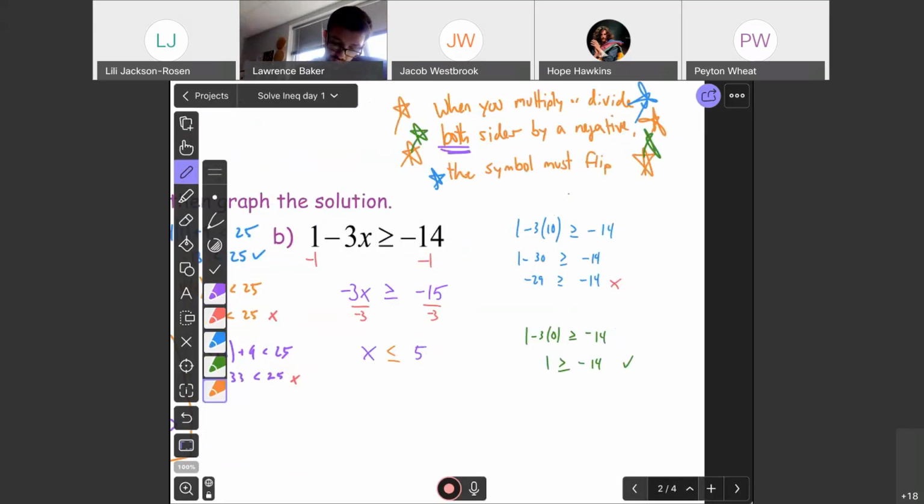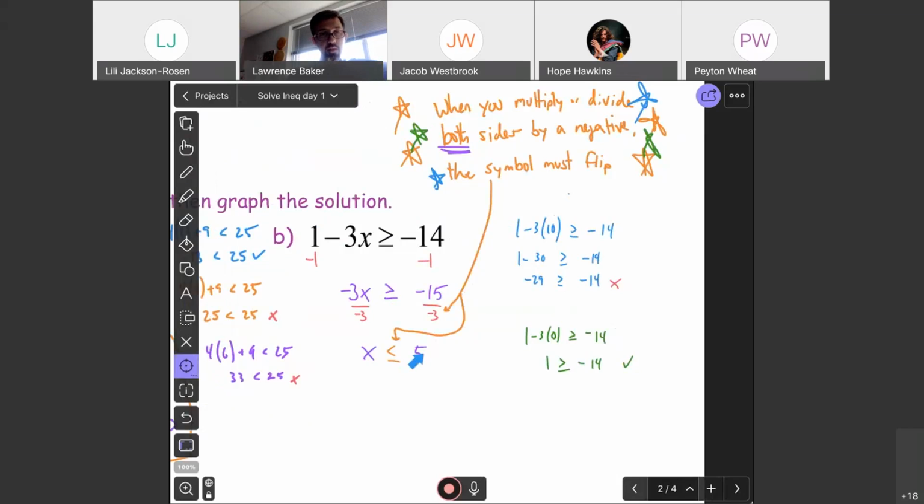This is important. Because we did this, that had to happen. Notice that the answer is not negative. That's usually a common misconception with this, that, oh, the answer is negative, I got to flip the symbol. It's not because the answer is negative, it's because we did something.